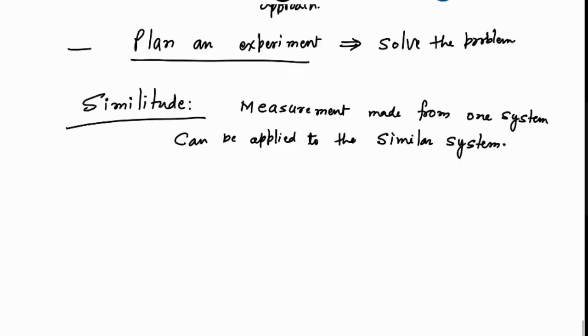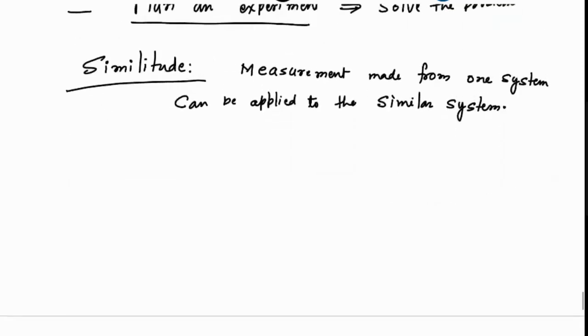You are making measurements on one system, and then you are applying the same result or same equation that you have derived from the one system to the other system. One system can be a model, another system can be the actual system in the field. So one system you can have a model in the lab, for example.